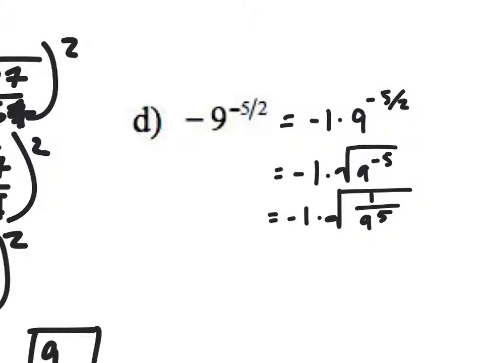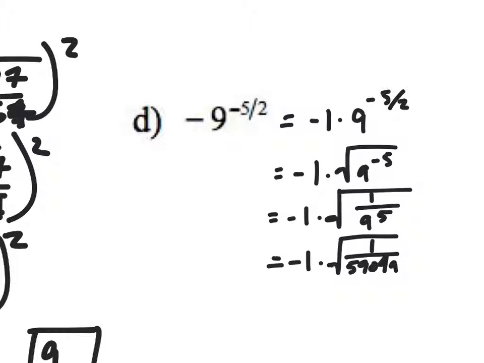Okay, and 9 to the 5th power is a pretty large number, and that's going to give me negative 1 times the square root of 1 over 59049. And I would just leave it like that, because we can't take the square root of 59049.